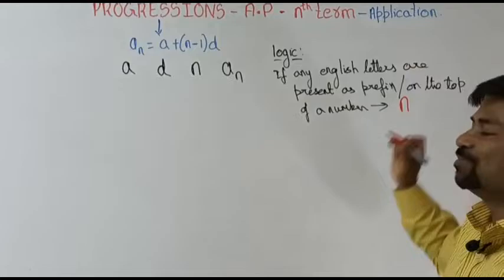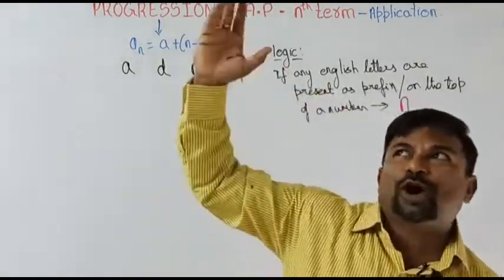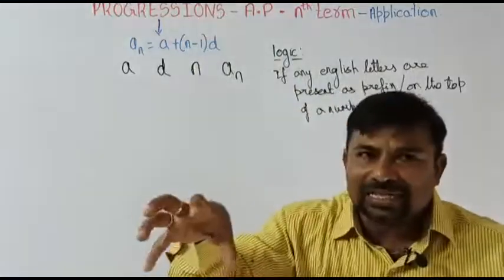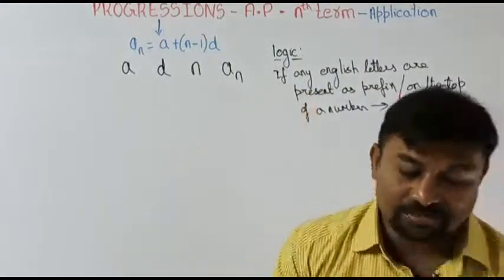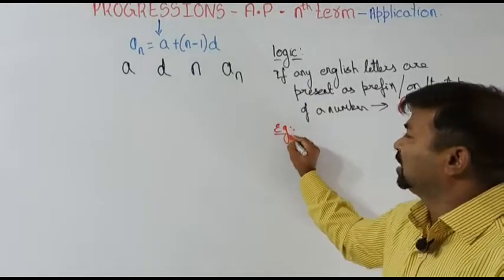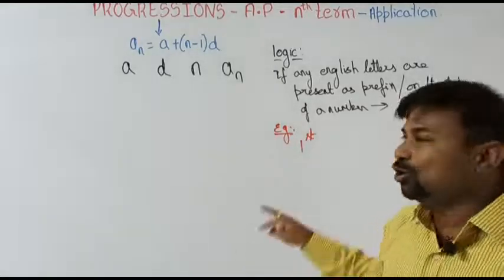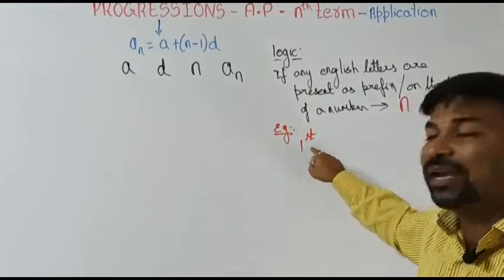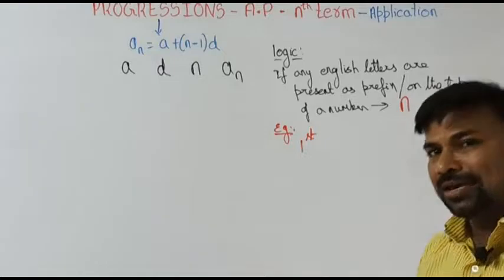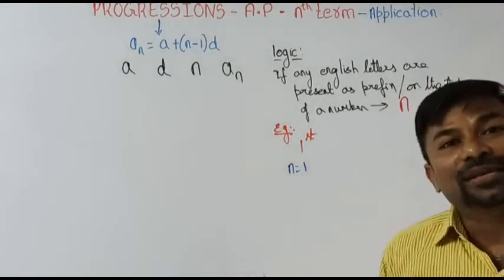That's what you have to remember. I like to go with an example. If it is said "first", are you able to see any English letter on the top of a number? Yes. Then straight away take 1 in the place of n.